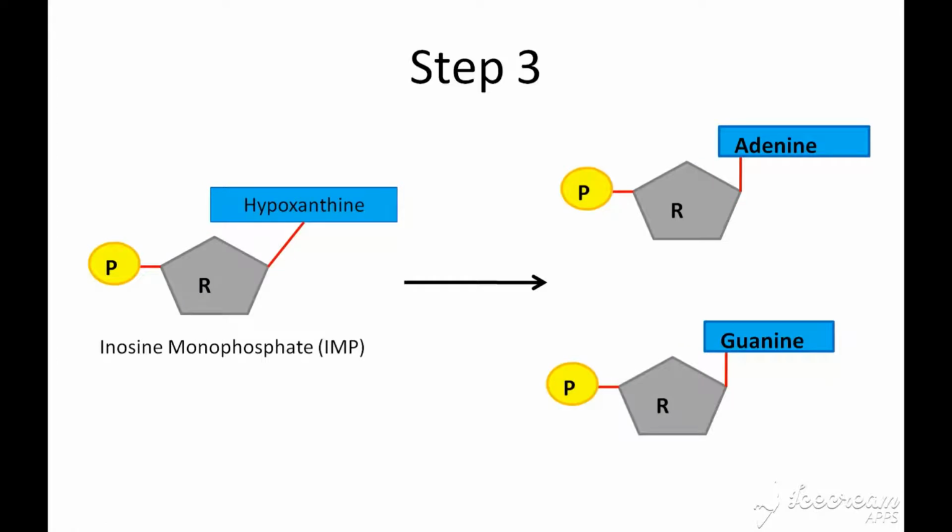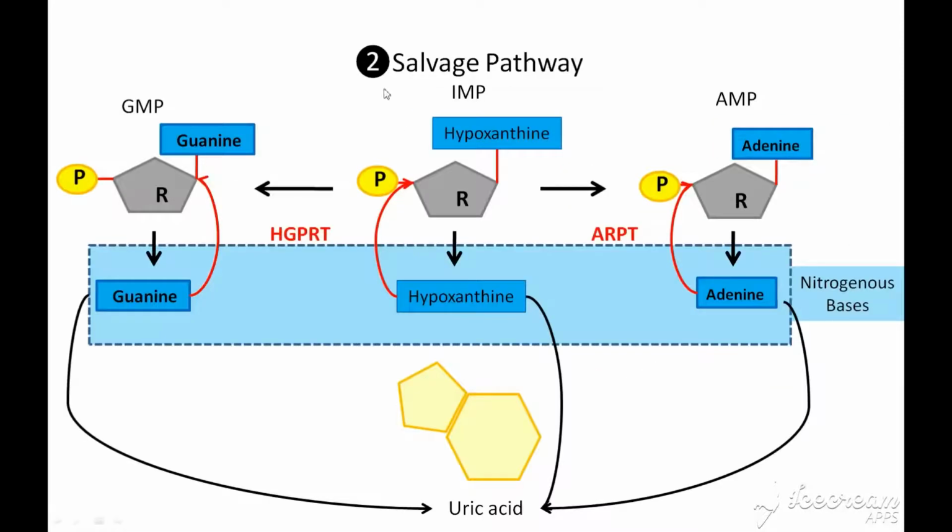The third and final step in the de novo purine synthesis pathway is the conversion of inosine monophosphate into either AMP or GMP. The only thing that happens is that instead of hypoxanthine as a nitrogenous base, we're going to have either adenine or guanine.